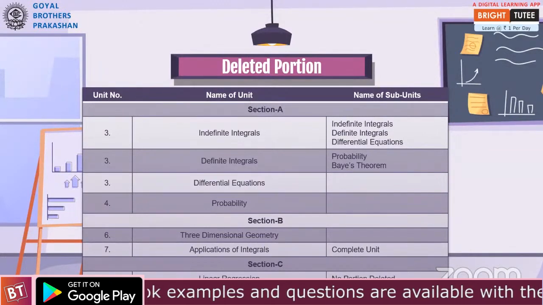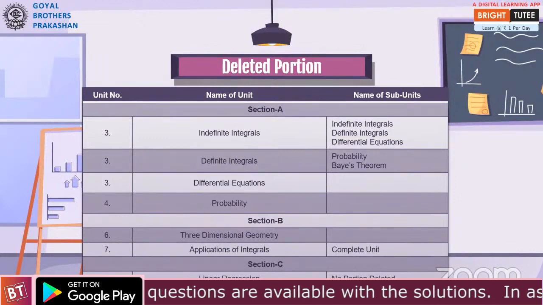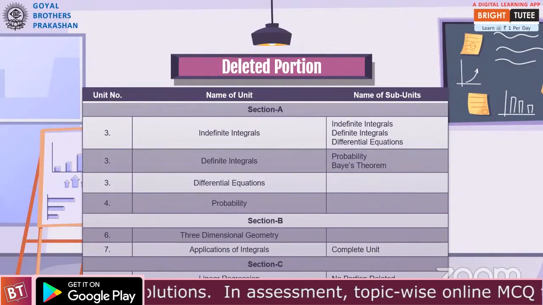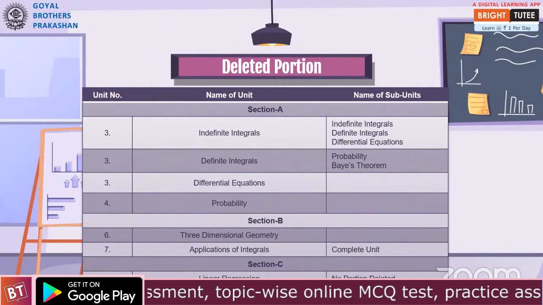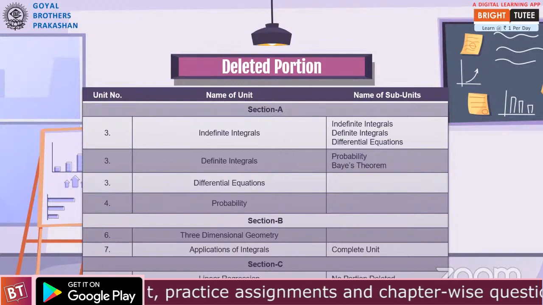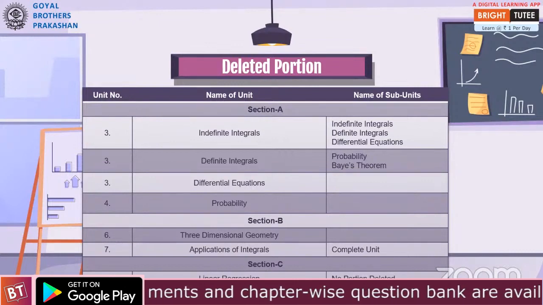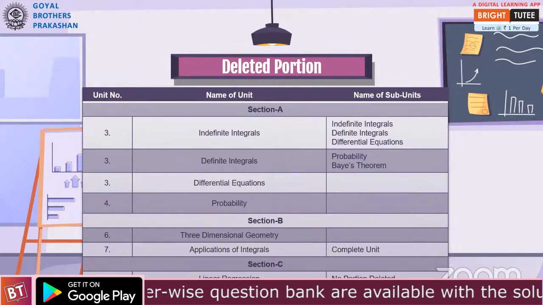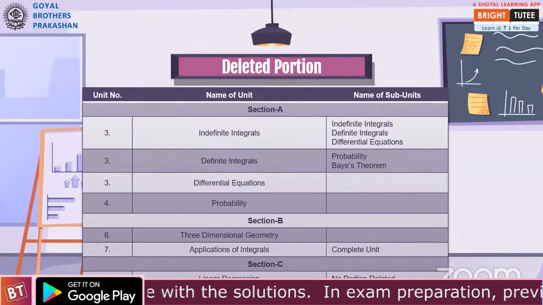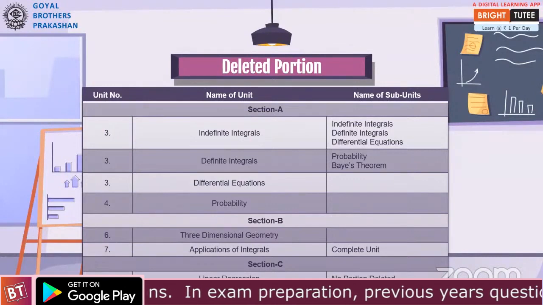This year in semester 2, (ax+b) by linear plus (bx+c) by quadratic has been removed. Then some special integrals like (a sin x plus b cos x) upon (c sin x plus d cos x), this type of special integrals are not there.